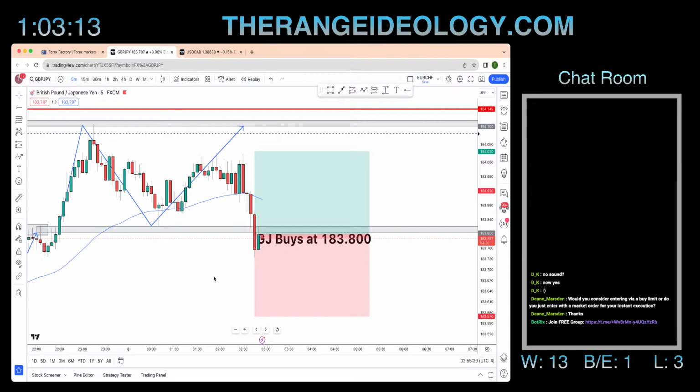So critical decisions are to be made very soon if we don't get that big push from GJ. We're about 5 minutes away from London opening.